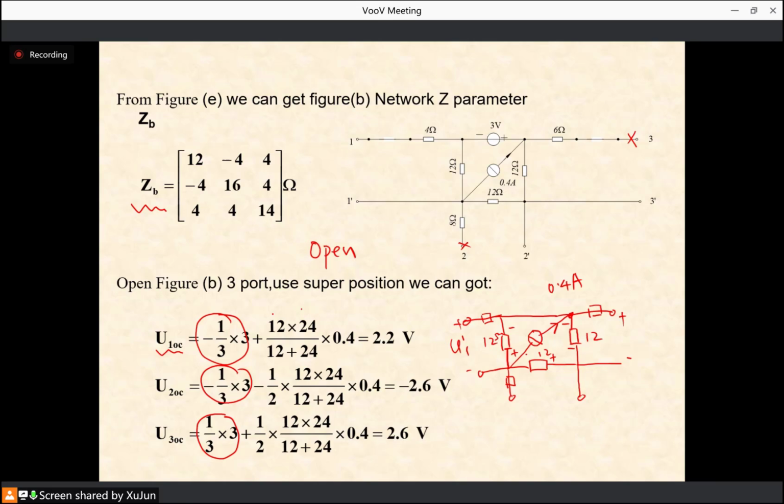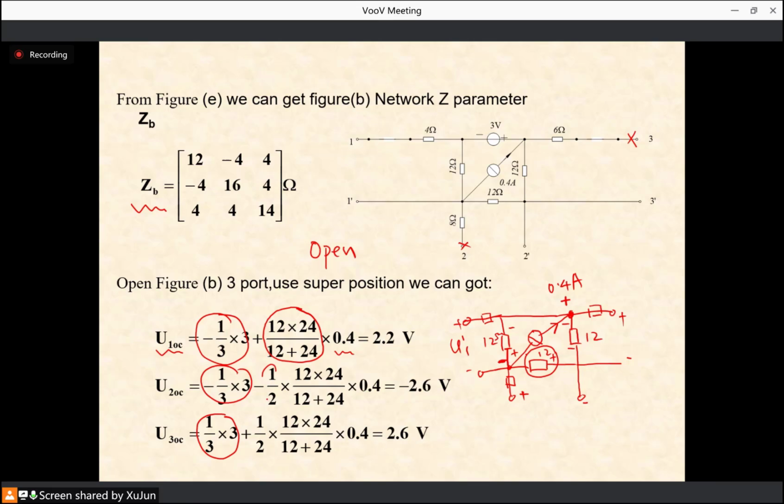The total parallel resistance will be 12 multiplied by 24 over the sum, this branch and this branch. This is the total resistance. So the total voltage from this point to this point is the total resistance multiplied by the current source. This point to this point is just U1. For the UOC2, this point to this point, it will be the inverse of this resistance.